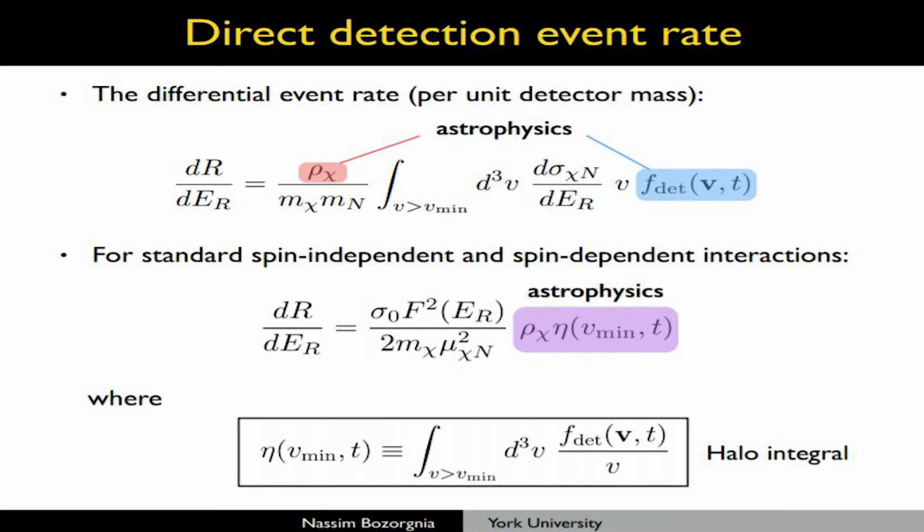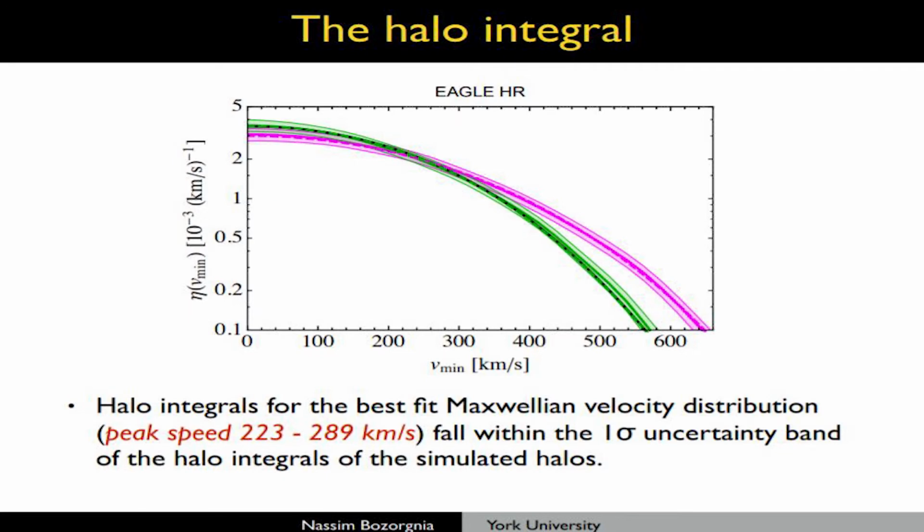So this is what we wanted to plot. We're not directly sensitive to f, but we have to look at the halo integrals to see how the direct detection limits change. And so this is the halo integral as a function of v min for the same two halos.